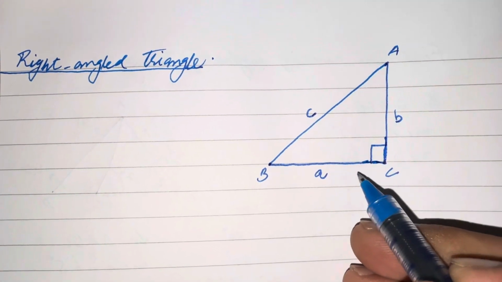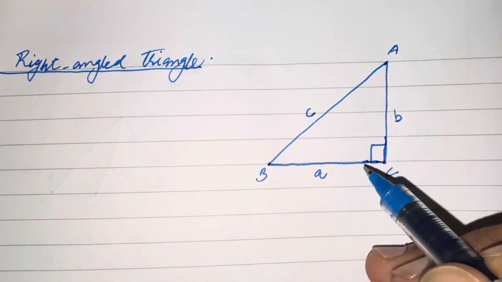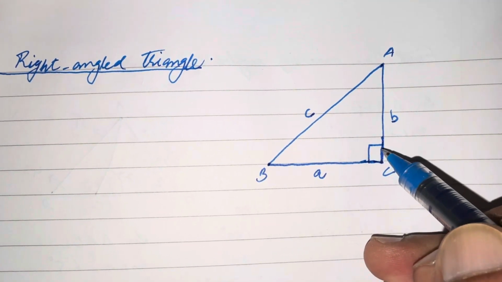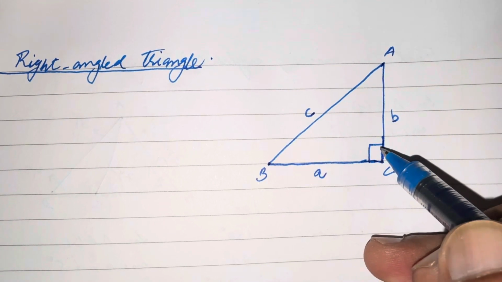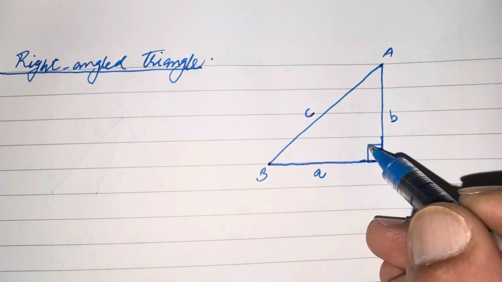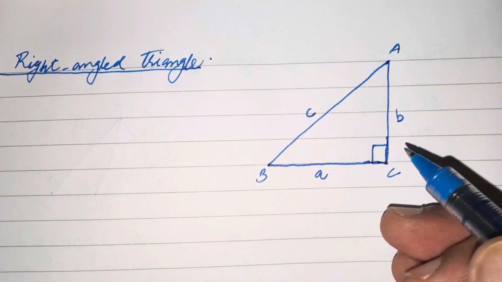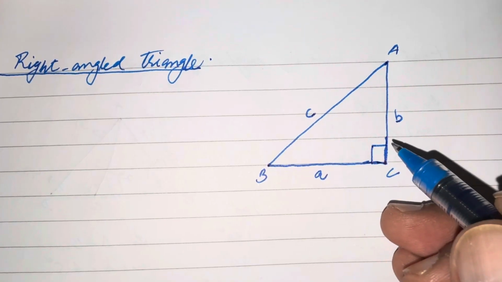Or we can say that in a right angle triangle, where the angle of 90 degrees is present, these two sides are called the base and the altitude.